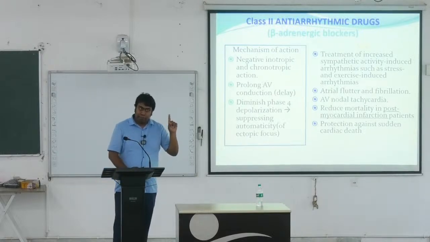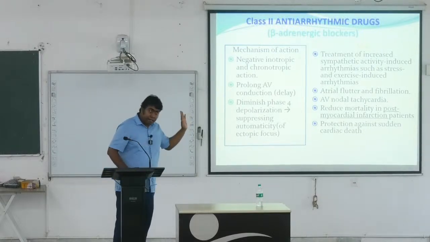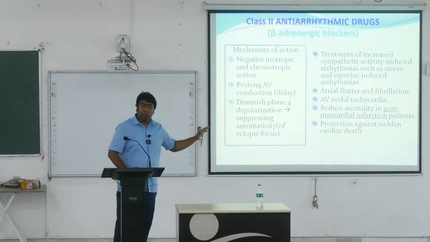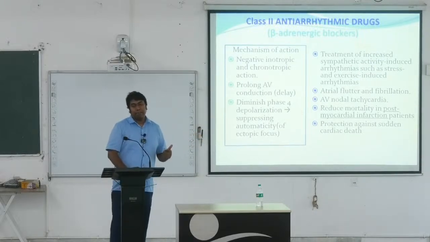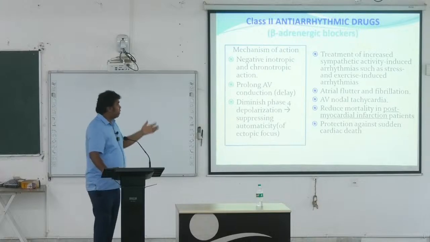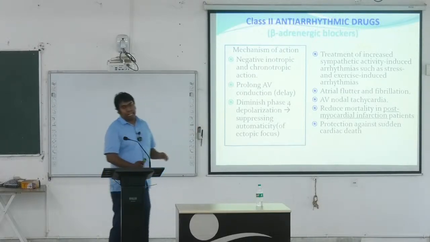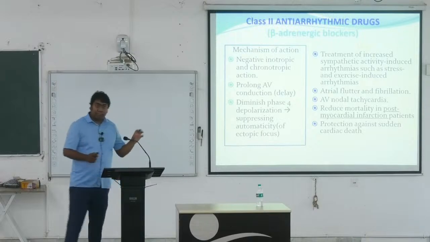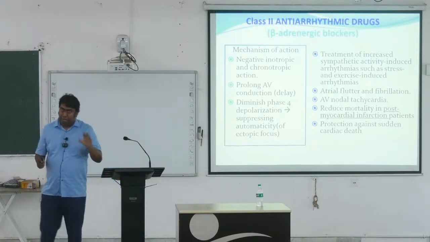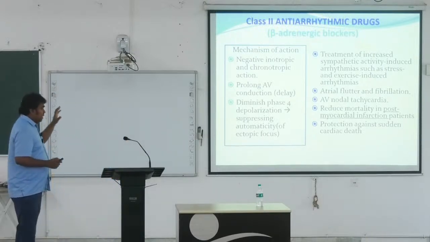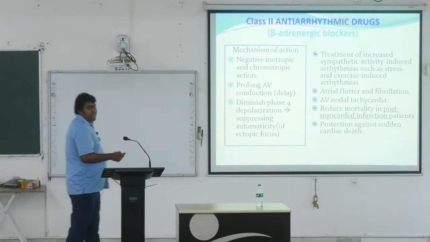Prevention of remodeling, reduce mortality due to counteracting the arrhythmias, both ventricular and supraventricular. Protection against sudden cardiac death. Beta blockers are effective in atrial fibrillation, flutter, post-myocardial arrhythmias as well as sudden cardiac death.